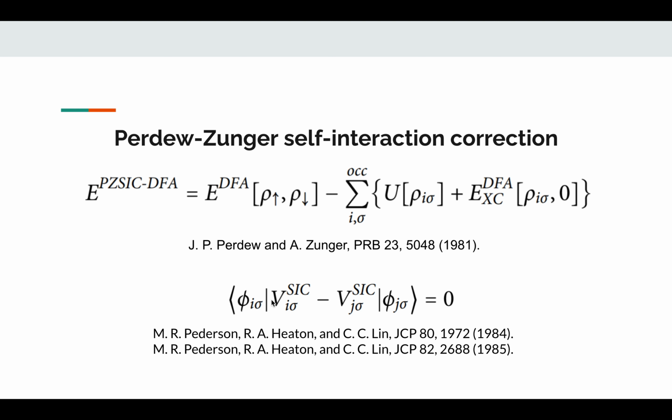If you find the set of local orbitals phi i sigma that satisfy this equation, you essentially find the minimum total energy of the PZSIC equation. It turns out this localization equation is computationally expensive, and that leads to the FLOSIC.